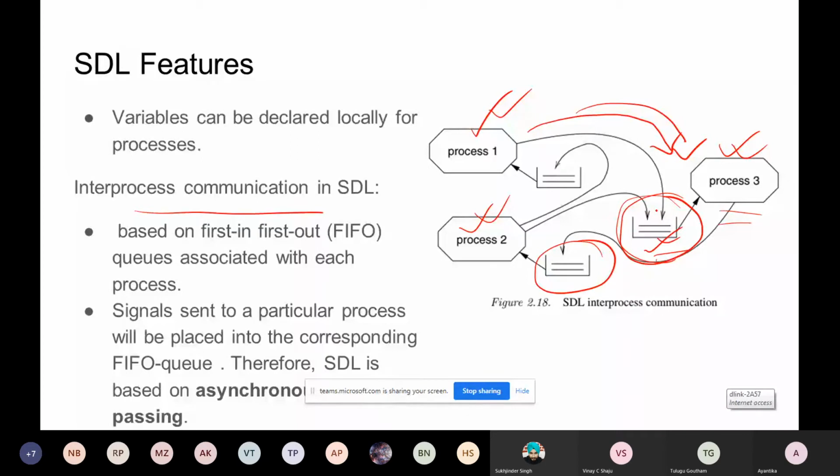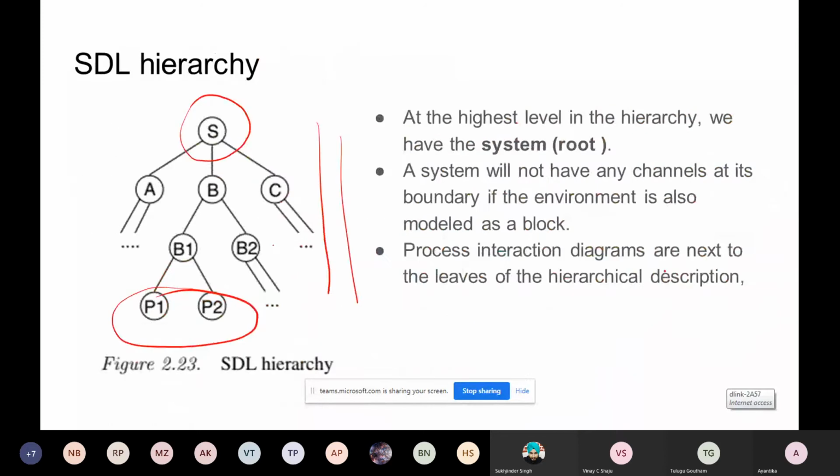So when you are practically designing and realizing this model, you have to understand in detail what can be the maximum size of this FIFO queue, and what can be the maximum signals coming from different other processes to this queue. And that is a difficult task.